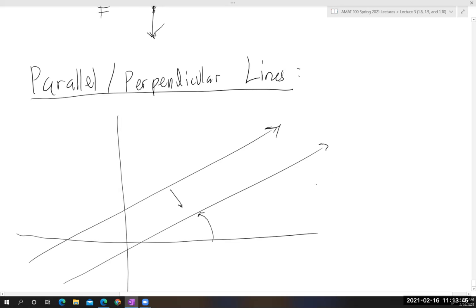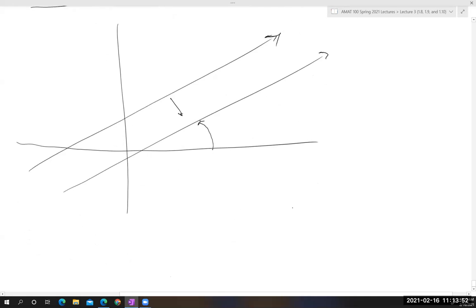So what this shows is that non-vertical lines which are parallel have the same slope. In fact, this is an if and only if. The idea basically follows from similar triangles. I won't go through the proof, but there's a proof in your book.